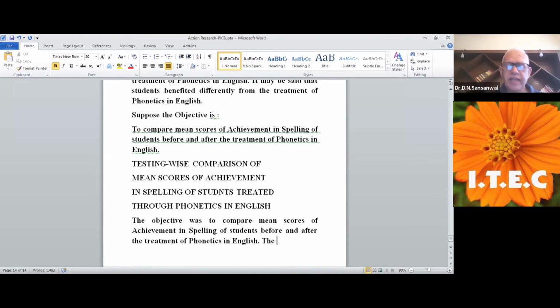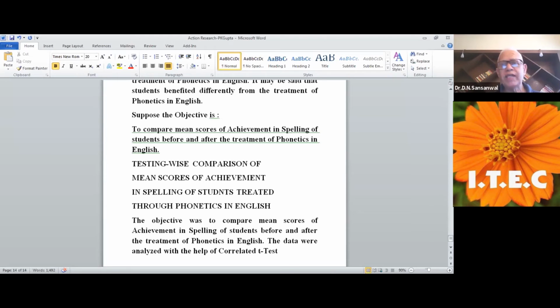Now say the data were analyzed with the help of correlated t-test. Either you can say correlated t-test, or if you want to say paired samples t-test, the choice is yours.